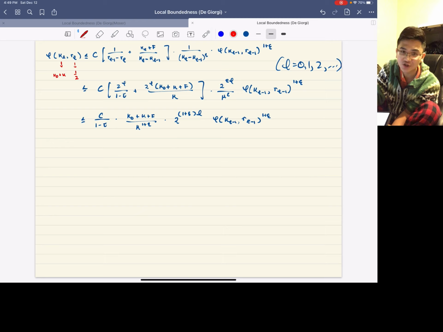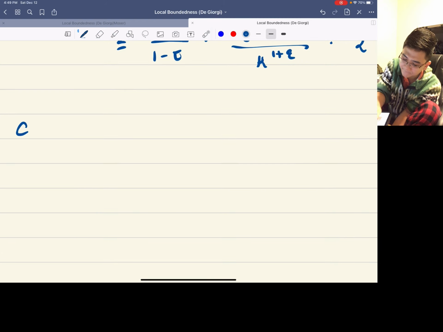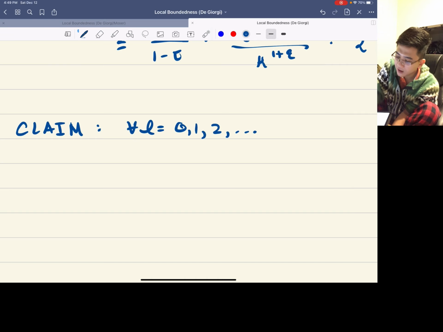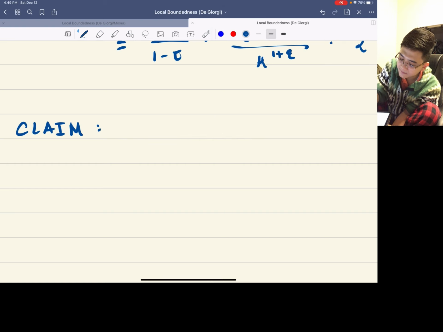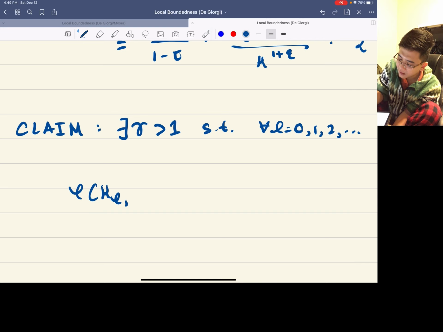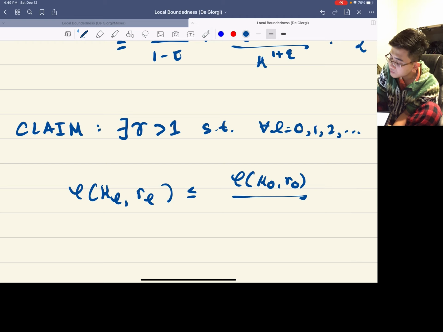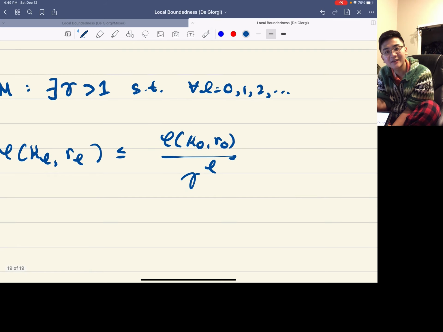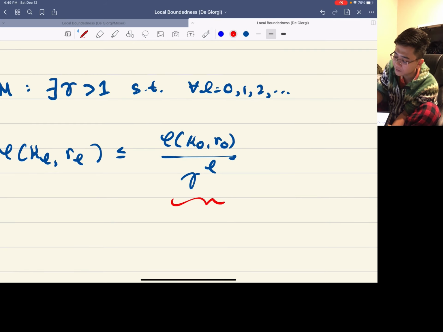So the conjecture is, there exists gamma bigger than 1 such that for every L, we have that phi of K L, R L is less than or equal to phi of K0, R0 over gamma to the L. Because if such a thing is true, you know that this would now go to 0.